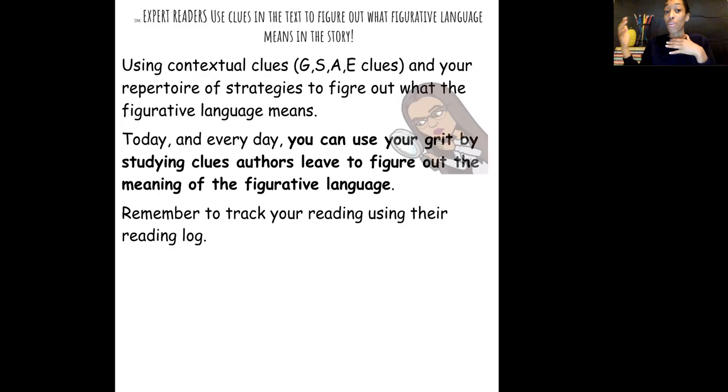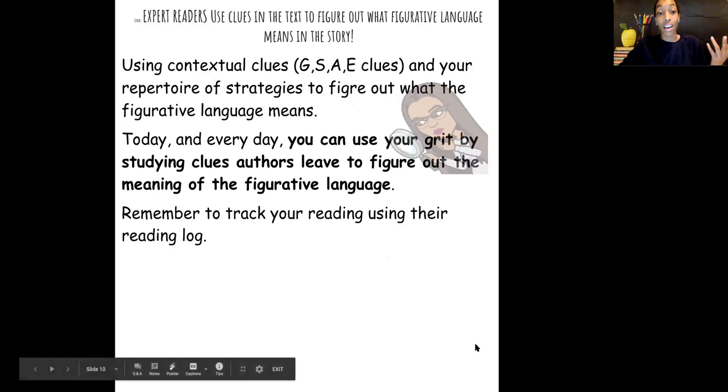We're going to use our repertoire of strategies to figure out what the figurative language means. Every day, this is part of you being a reader that has grit. You're going to study those clues that authors leave to figure out the meaning of the figurative language. And every day, you're going to track your reading to make sure you're reading longer and longer, more and more.